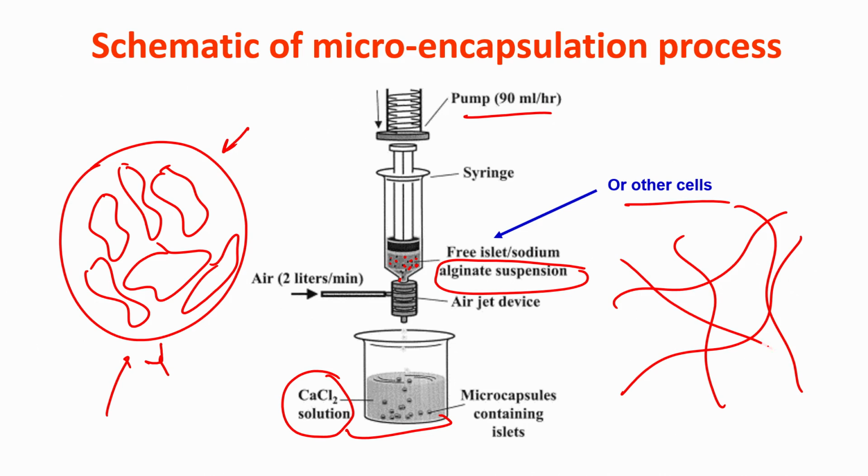So, what will happen is, if these are alginate chains, and again we have discussed this in our hydrogel class, which at this point are not cross-linked, the calcium, which is divalent, will start to interact with the negative charges that are present throughout these chains.